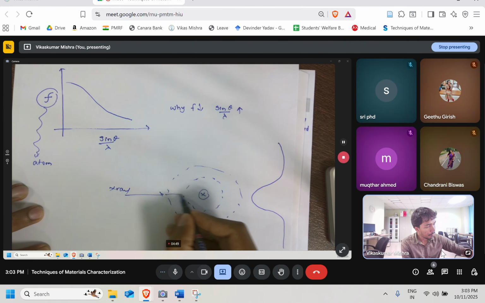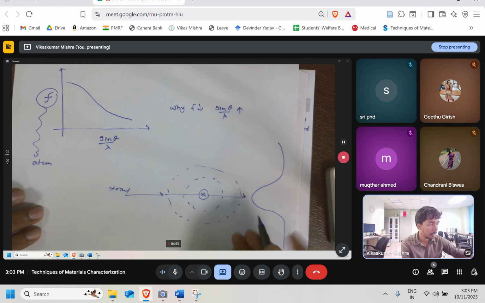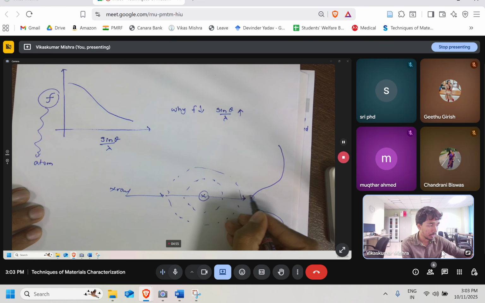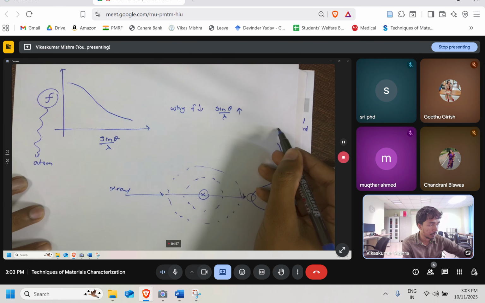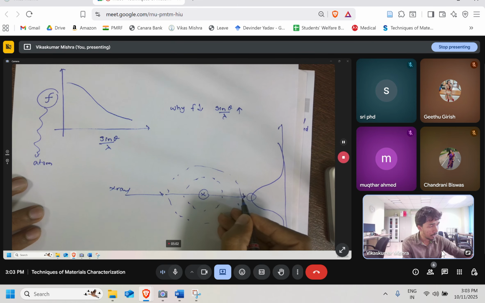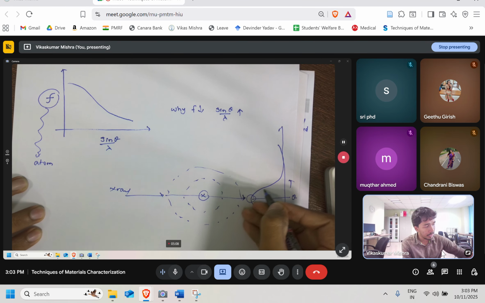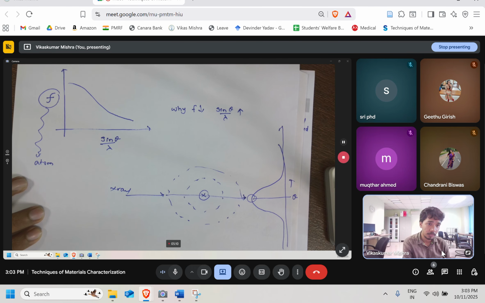If it is forward scattering, the X-ray intensity you are going to get will be quite high, because there will be constructive interference. As our scattering angles keep on increasing, the intensity of the diffracted beam keeps on decreasing.